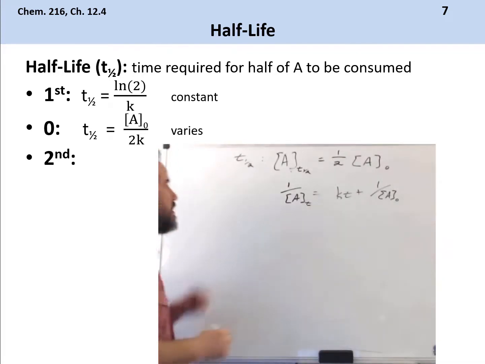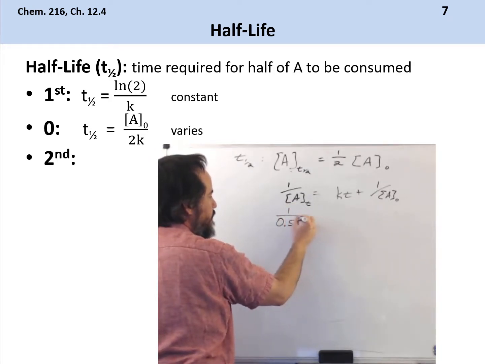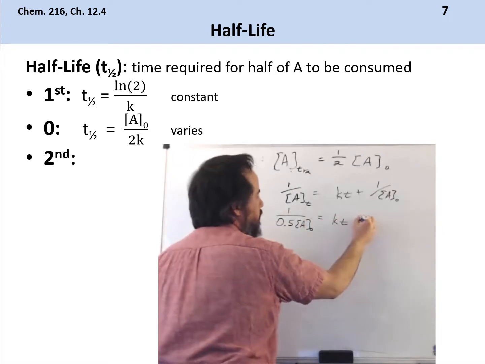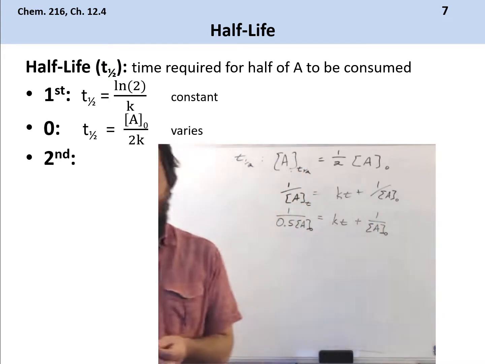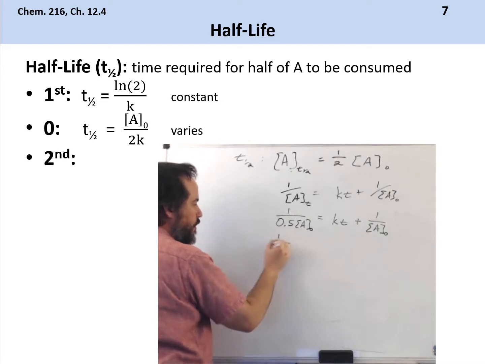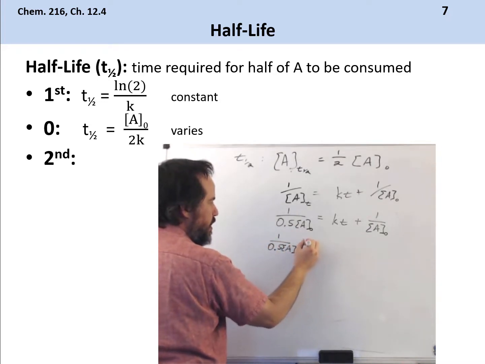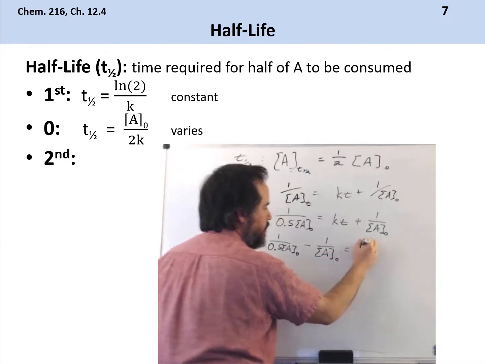If I plug in this information, I get 1 over 0.5 A naught equals kt plus 1 over A naught. I can move this over, so I get 1 over 0.5 A naught minus 1 over A naught equals kt.